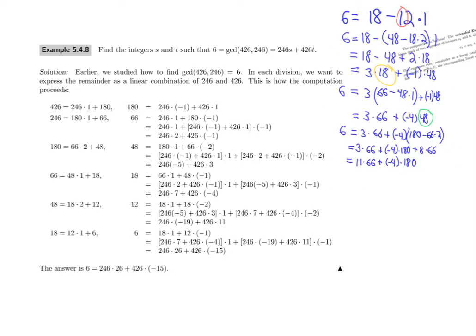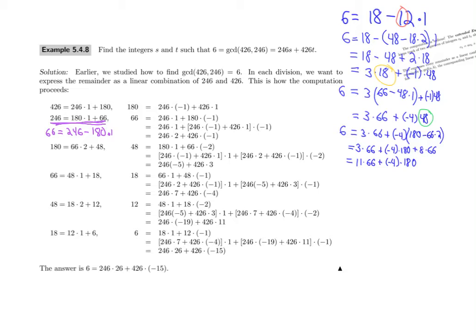To finish this off, which equation have we not used yet? We just used the 48 equation. Now we can solve the 66 equation, I'll call it. So we have 66 equals 246 minus 180 times 1.